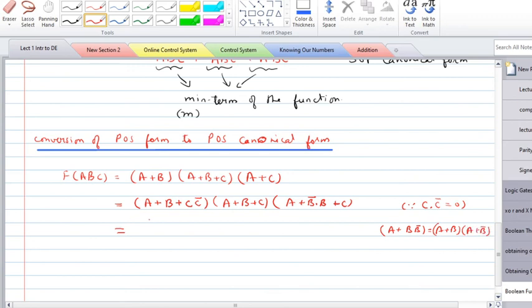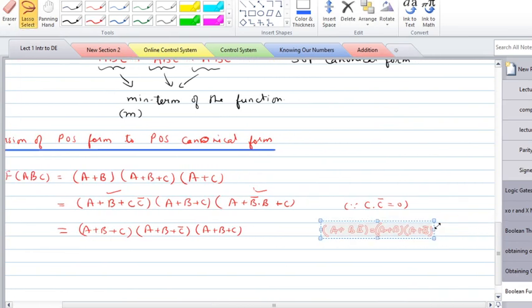So we can expand this term and this term, that is a plus b plus c, multiplied by a plus b plus c bar, multiplied by a plus b plus c, multiplied by a plus b plus c, multiplied by a plus b bar plus c.